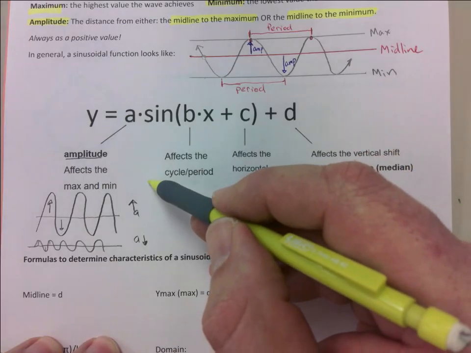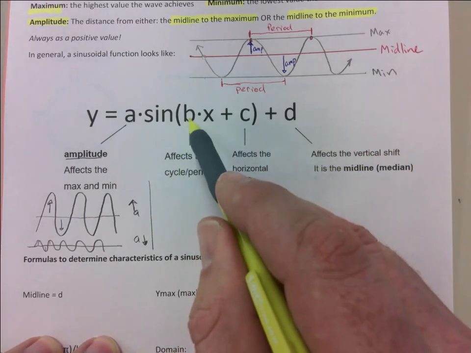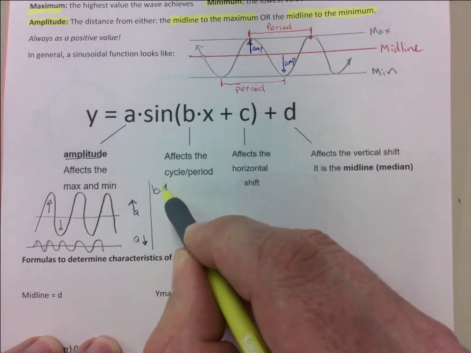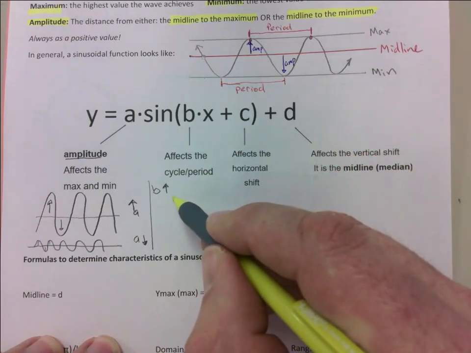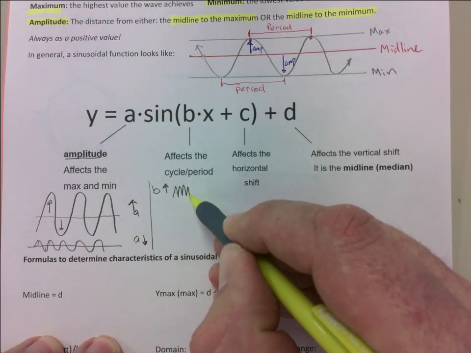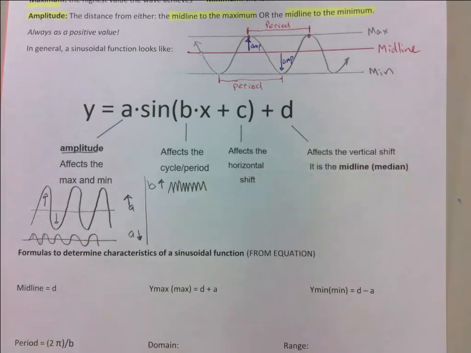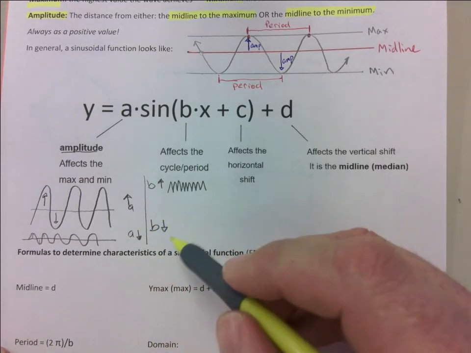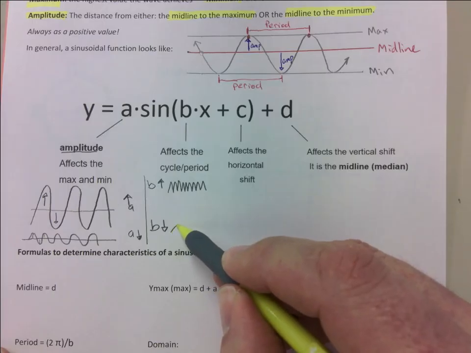How does B affect it? If you increase B, you're going to see this on your calculator. You're going to notice that it's shrinking your graph. It's going to compress it. If you decrease B, you're actually going to widen it.